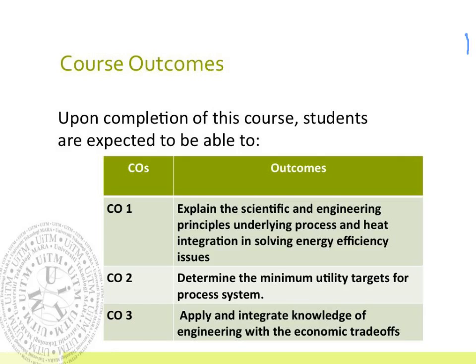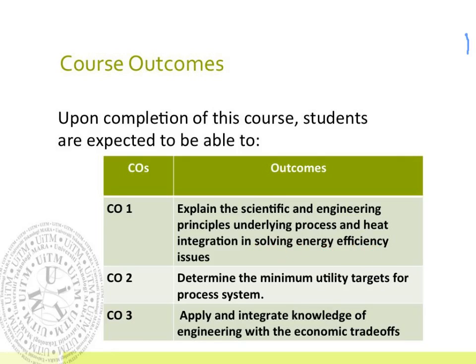So what do we actually want you to achieve at the end of the semester after completion of this course? Course outcome 1 is for you to be able to explain the scientific and engineering principles underlying process and heat integration in solving energy efficiency issues.